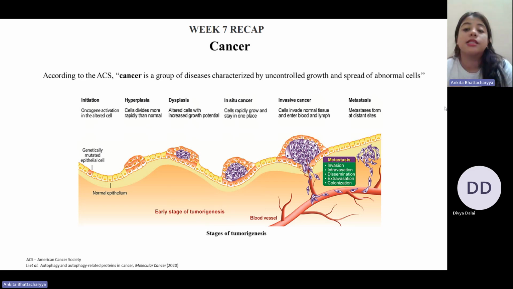The next step is invasive cancer. In invasion, we see that there are a number of sub steps within that green box. You'll be able to see the first step is invasion, like I said, that they are breaching the basement membrane and they are invading. Once invasion has occurred, the next step is intravasation. Intravasation literally means entry into the vascular system.